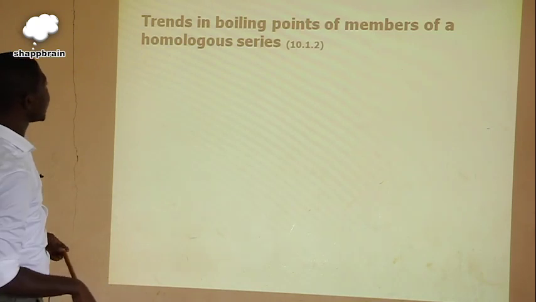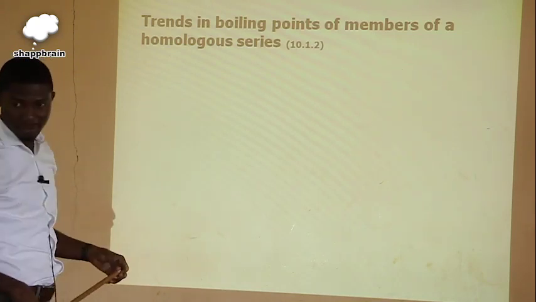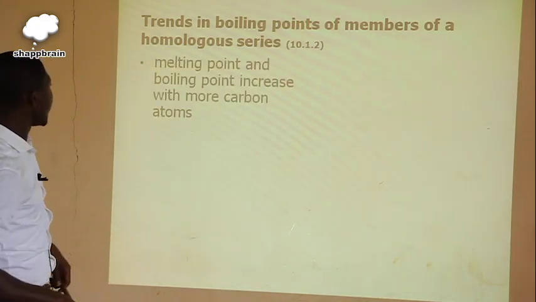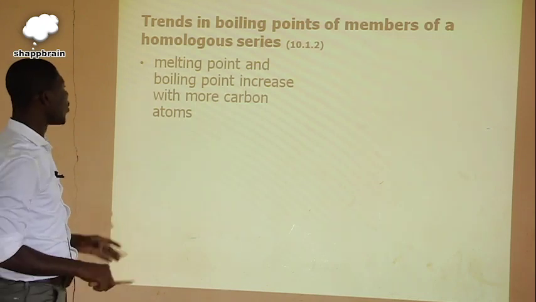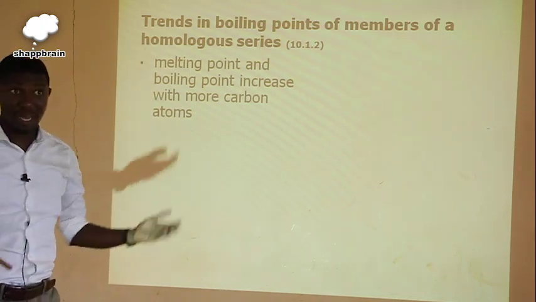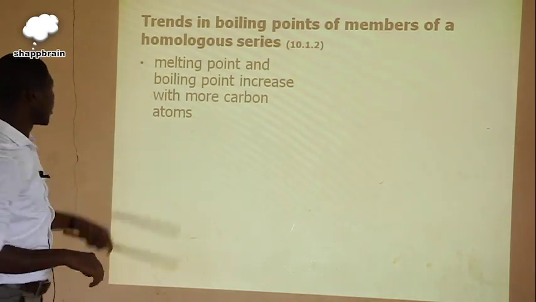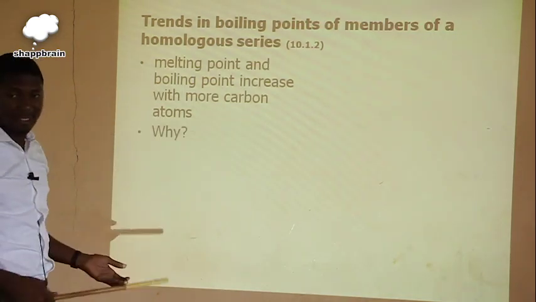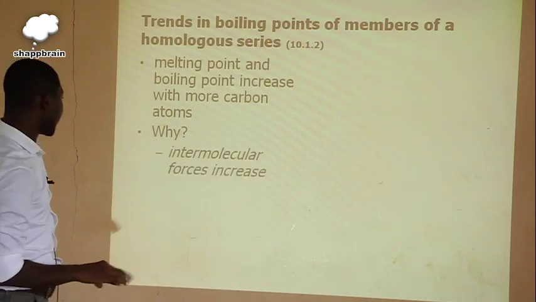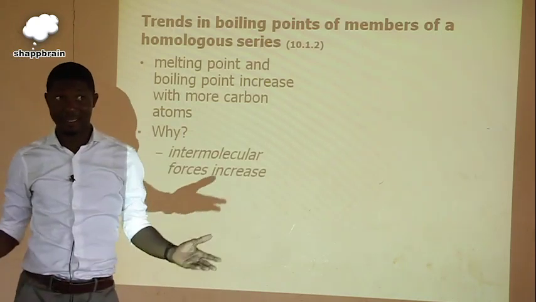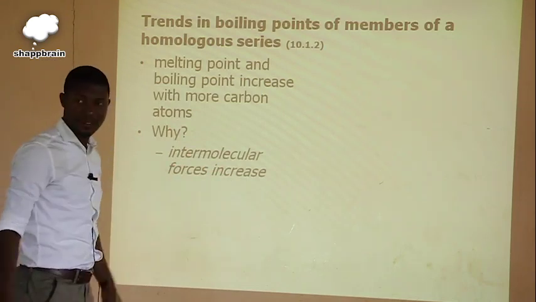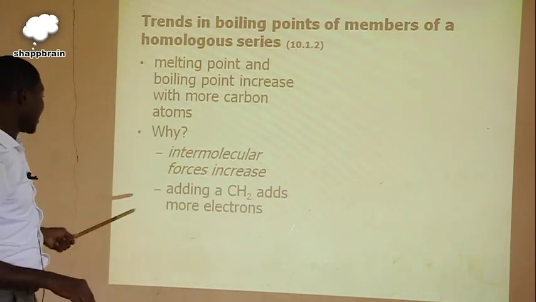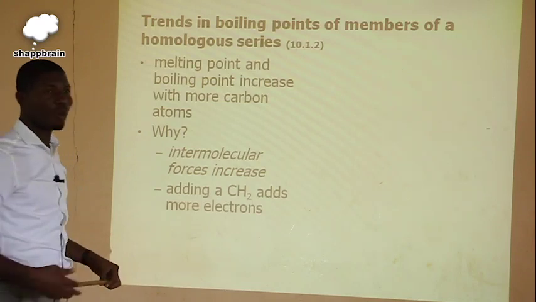We also look at the trends in boiling point of members of the homologous series. Melting point and boiling point increase with more carbon atoms. Of course, as you move down the series, melting point and boiling point will increase. Then, why would that be the case? Let's find out why. Intermolecular forces will increase because size increases. Then again, adding a CH2 adds more electrons.